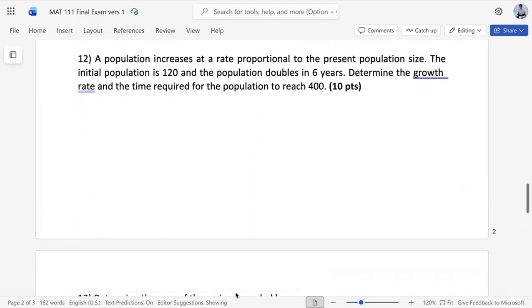Let's see question 12. A population increases at a rate proportional to the present population size. So that gives us an exponential model, right?